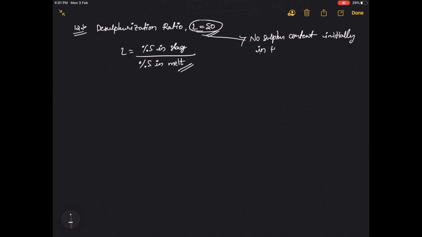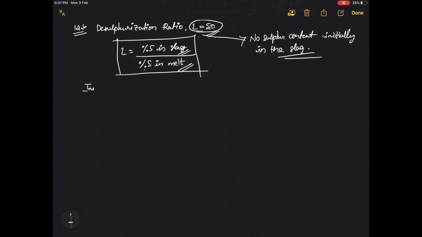So here also they gave the same condition. So this formula implies L equal to the percentage sulfur present in the slag after desulfurization by the final percentage of sulfur present in the melt after desulfurization. So we'll write the conditions that they give us.